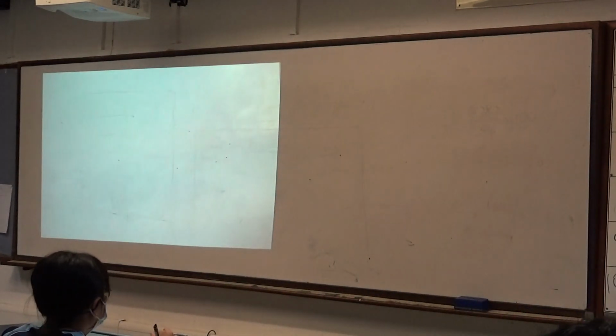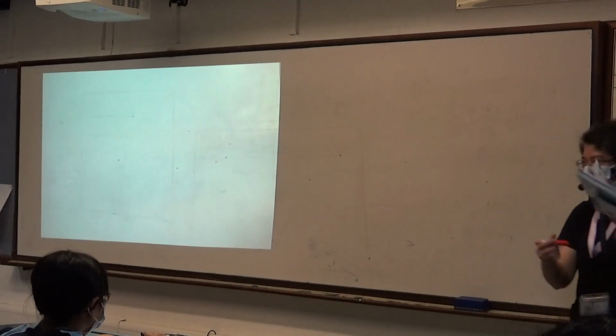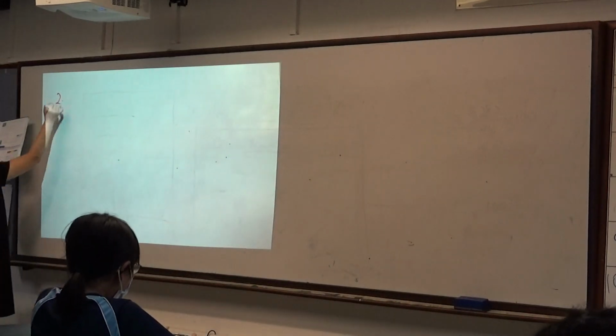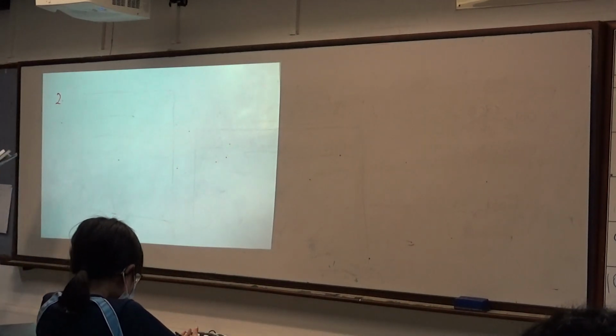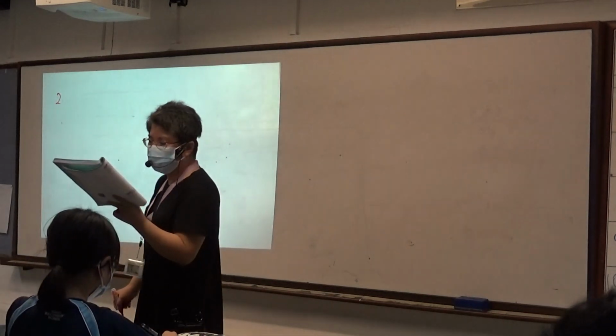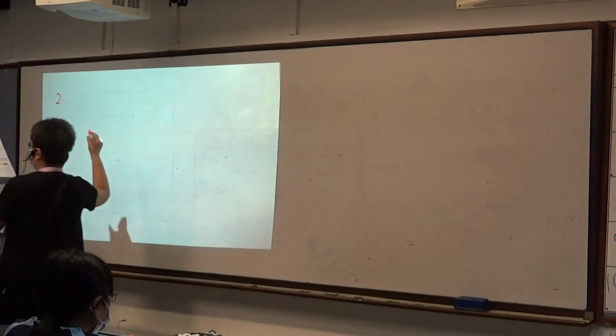Okay. Very good. Let us look at question number 2. Can all of you look at question number 2? Page 21. An elastic band which is 72 cm long is stretched to 90 cm. Find the percentage increase in the length.